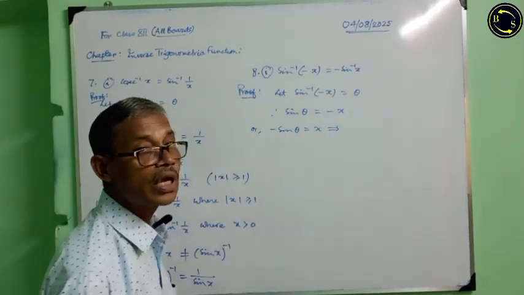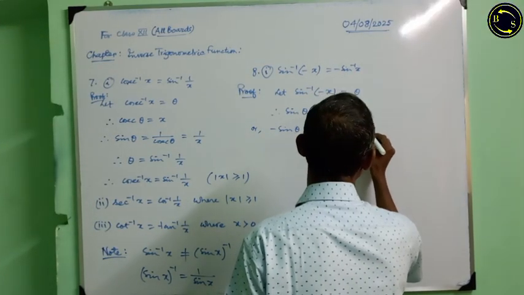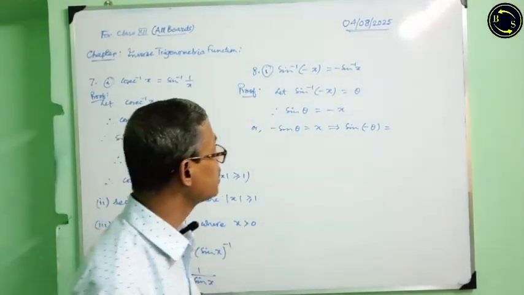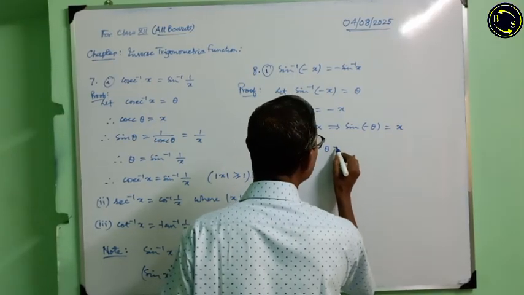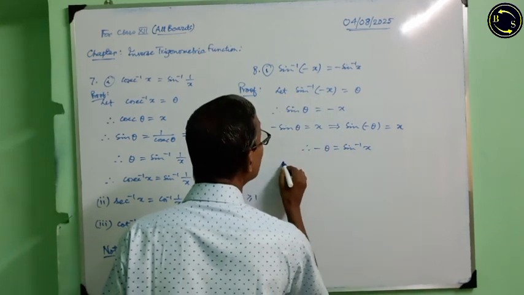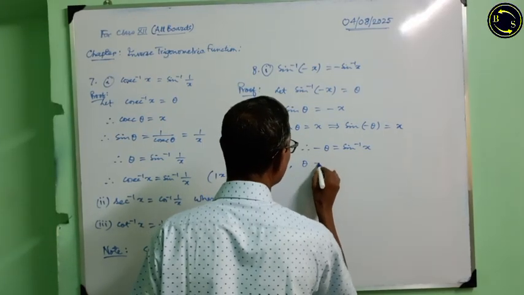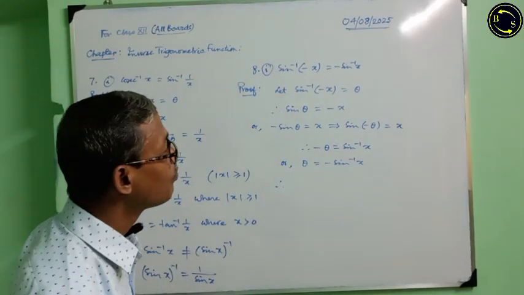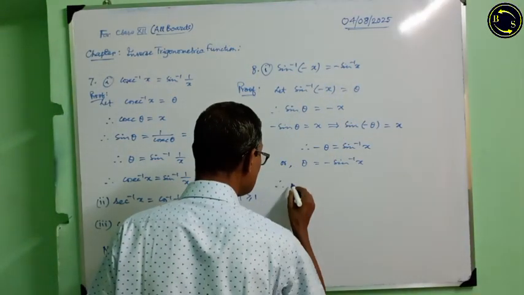Now we know sin of minus theta is minus sin theta, therefore this is equal to x. Therefore, minus theta is equal to sin inverse x, therefore theta equal to minus sin inverse x and theta equal to this one.